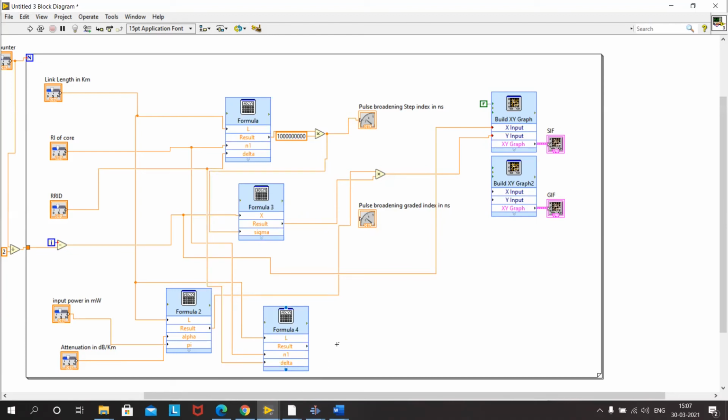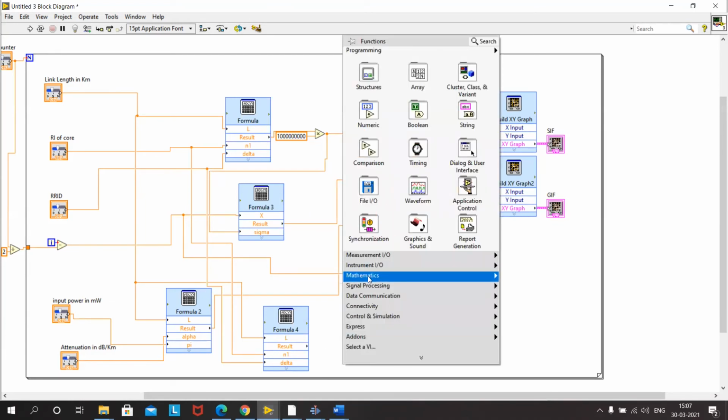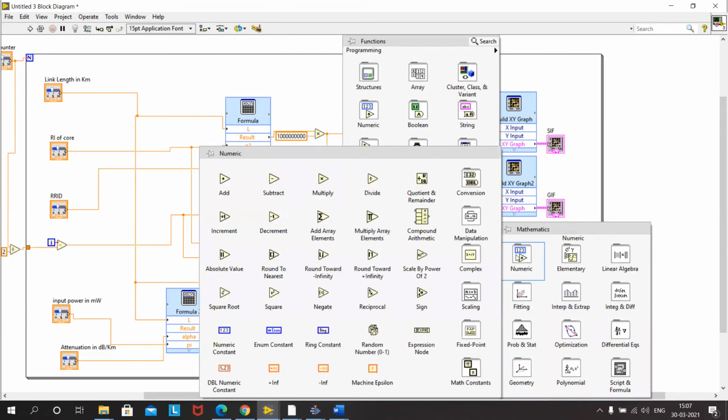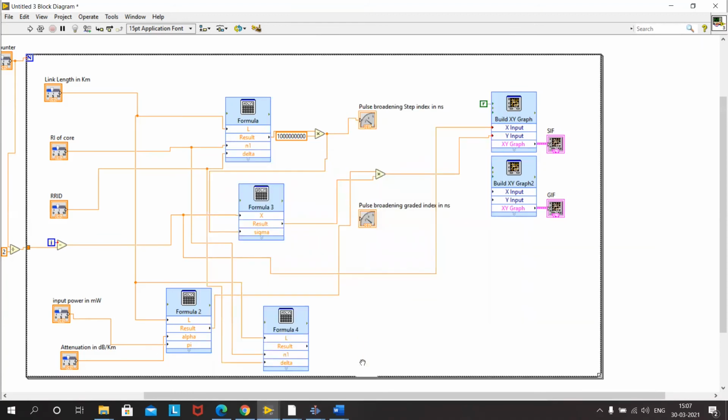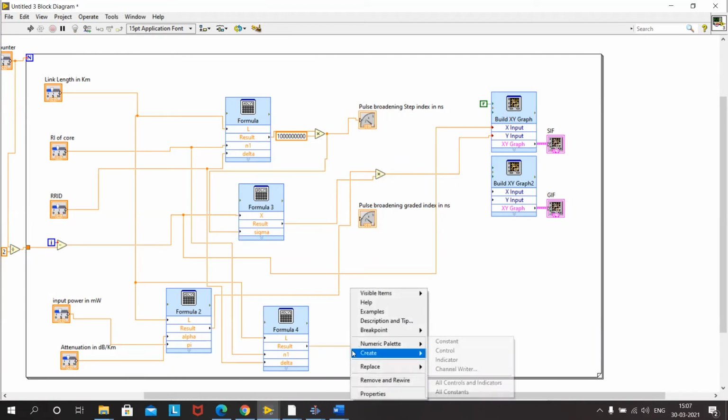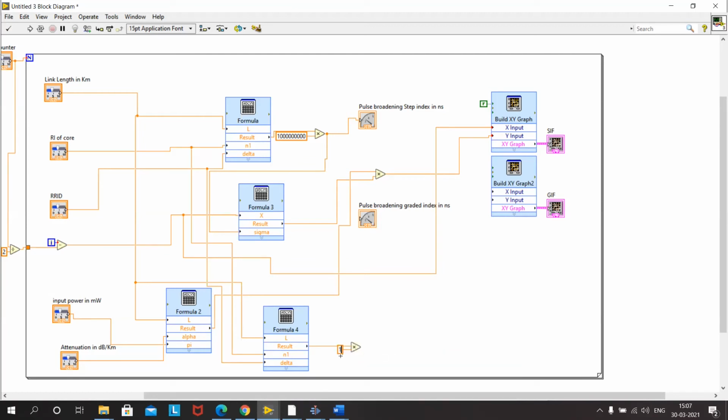Again, this pulse width is in seconds. We need to convert it into nanoseconds. For that, we need a multiplier. On the other leg, create a constant and enter the value 10 to the power of 9. Now at this point, we will be connecting our gauge to measure the pulse broadening.